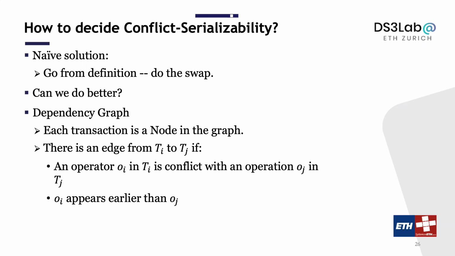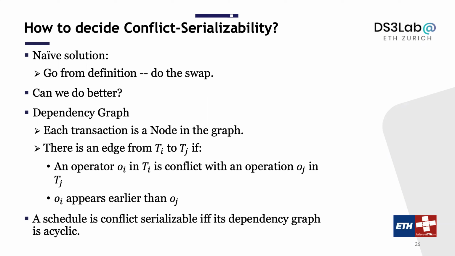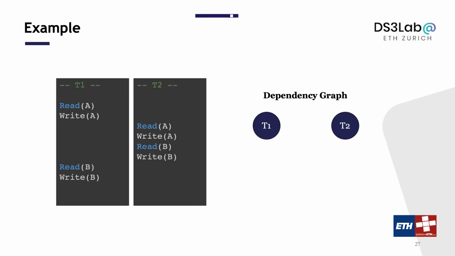Whenever you have a pair of conflicting operations, you introduce one edge in the graph. Then you check whether this dependency graph has a loop or not. If there's no loop in the graph, then this schedule is conflict serializable. Otherwise, it's not conflict serializable.